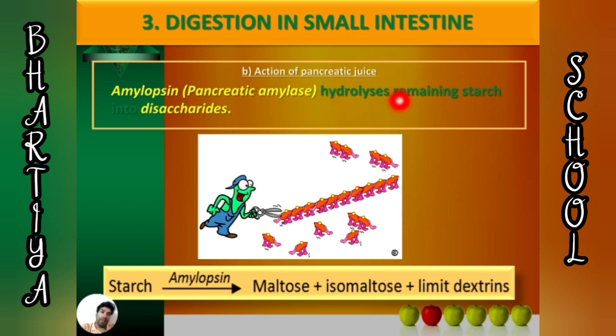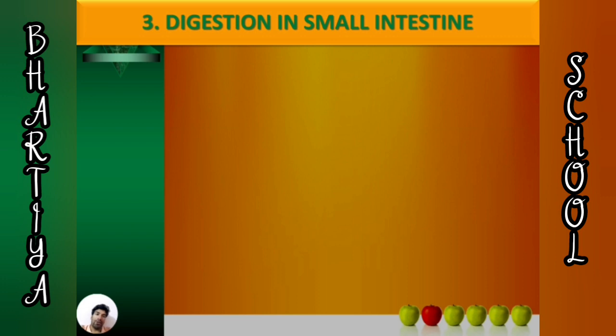It hydrolyzes the remaining starch into disaccharides. Here we can clearly see that the starch has been converted into maltose, isomaltose, and remaining starch. We have studied that 30% of the starch has been converted into disaccharides by ptyalin enzyme, and the remaining starch is converted into disaccharides by amylopsin, that is the pancreatic amylase.